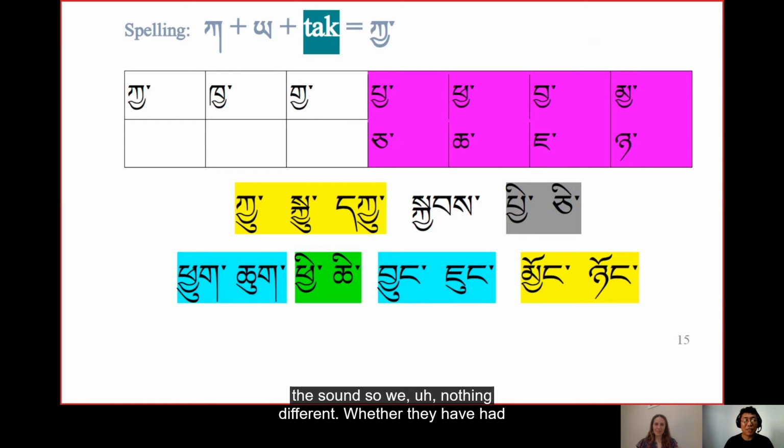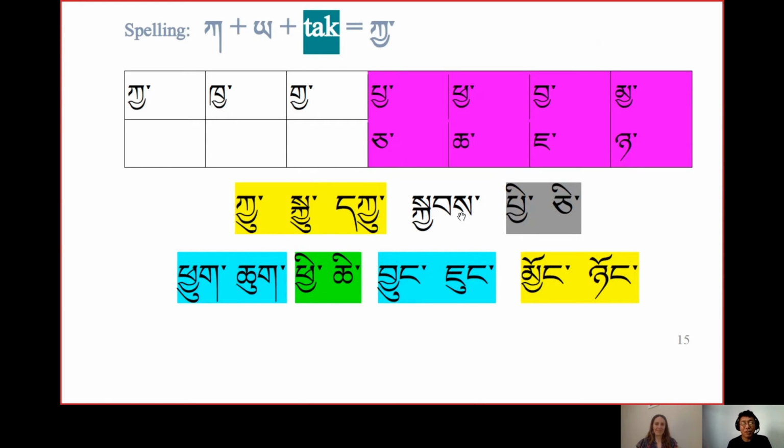So there is nothing different whether they have head letters or prefixes; nothing changes. So let's do here. We have head letter sa, and then we have root letter ka, and then we have yata.